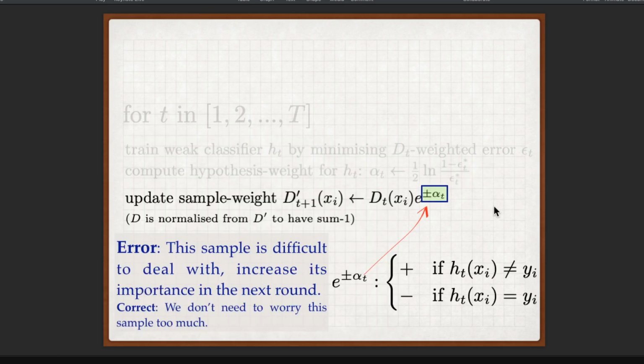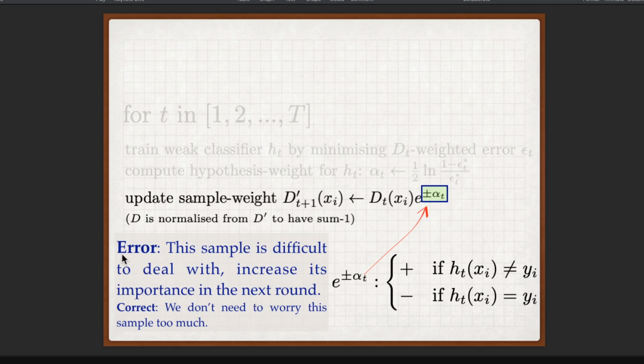After we have calculated the weights, we can update the sample weights in the next round of training. The update goes like that.